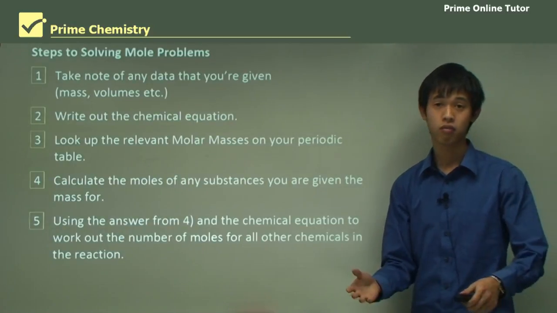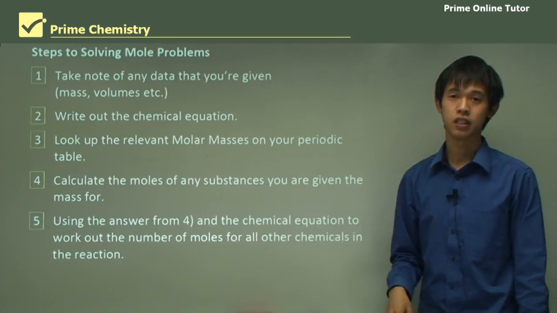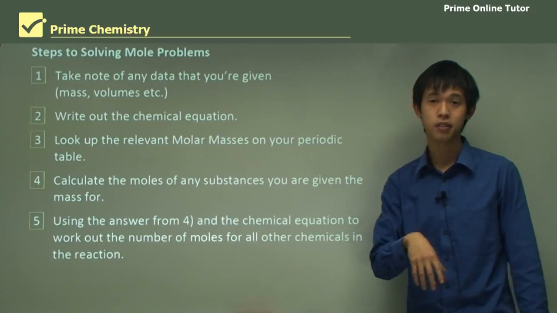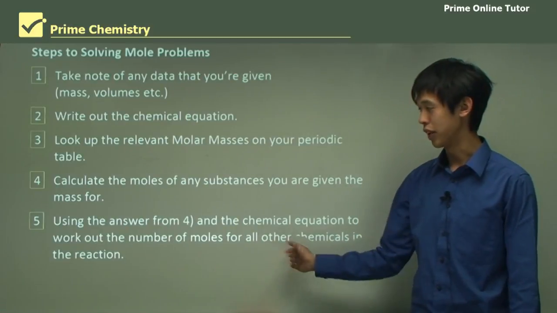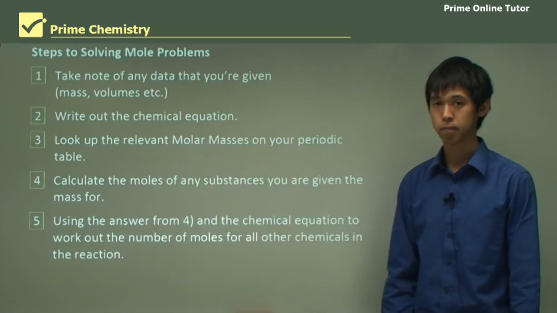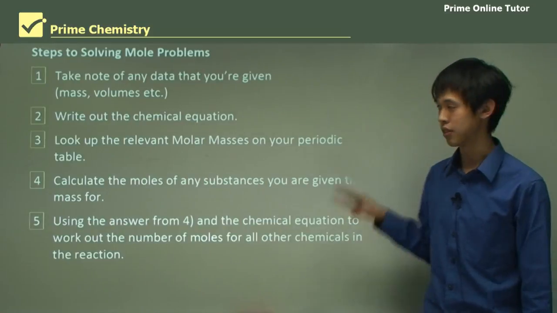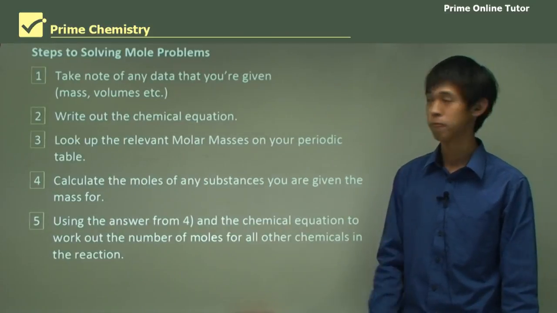You can do that because they're all related by those stoichiometric coefficients. So those numbers in front of the chemicals in the chemical equation will help you relate the number of moles of one chemical to another. Just bear these in mind as we go through the examples, and you'll see how they all put together and how they work.